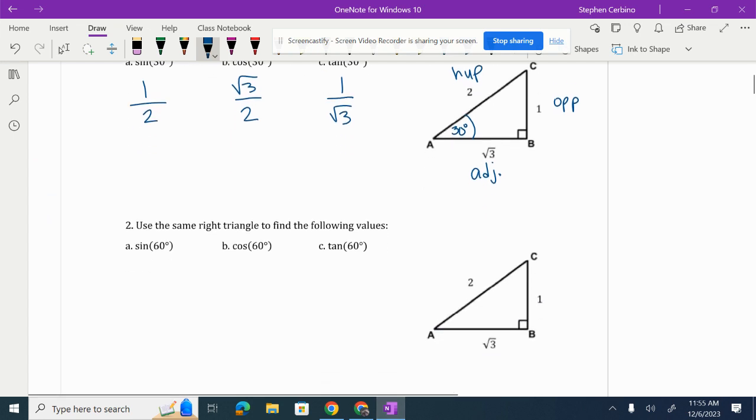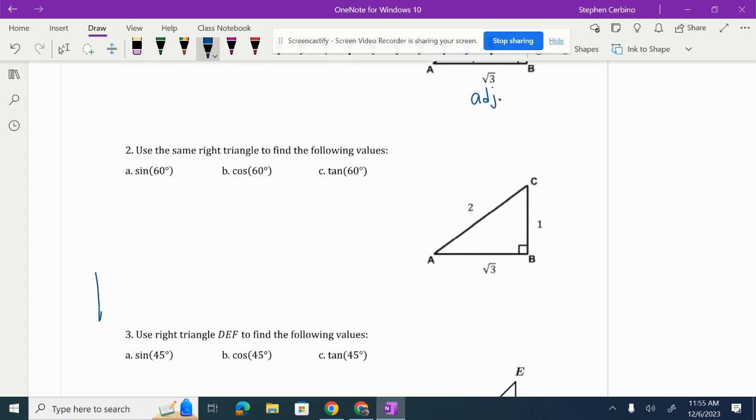Let's do the next one. For the next one, I'm asking about 60. We already were told that A was 30, meaning C would have to be 60, because angles in a triangle have to add up to 180. So if we relabel this, this is the adjacent, this is the opposite, and this is the hypotenuse.